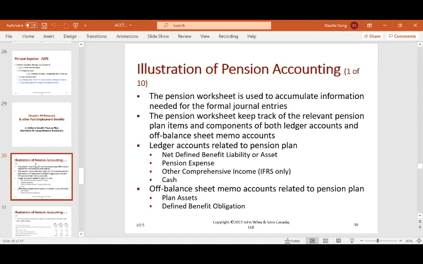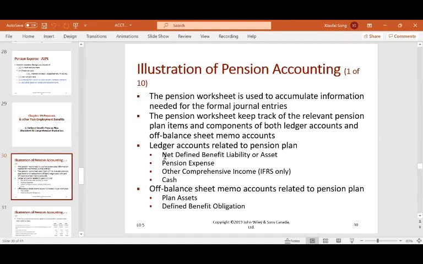Just some preliminaries on the worksheet. The pension worksheet is used to accumulate information needed for journal entries. It keeps track of all the relevant changes in the components of both the ledger accounts and memo accounts. The worksheet has two sections, the ledger account section and the memo account section.